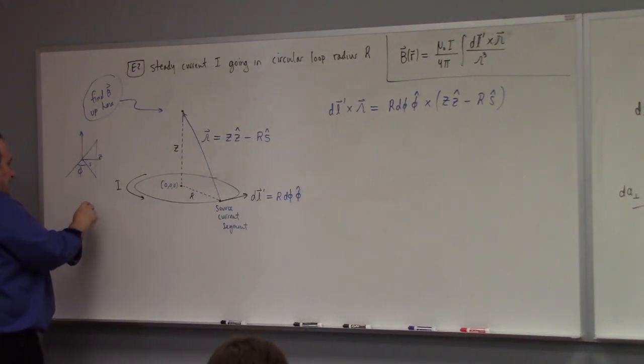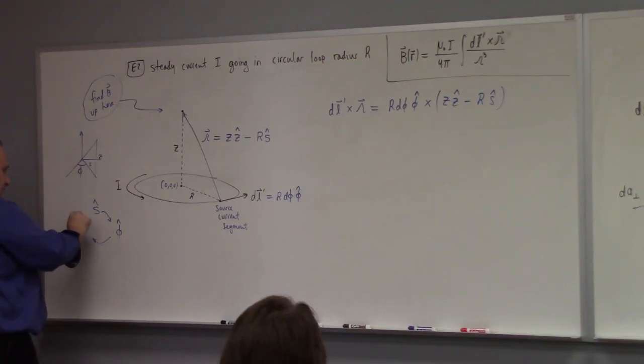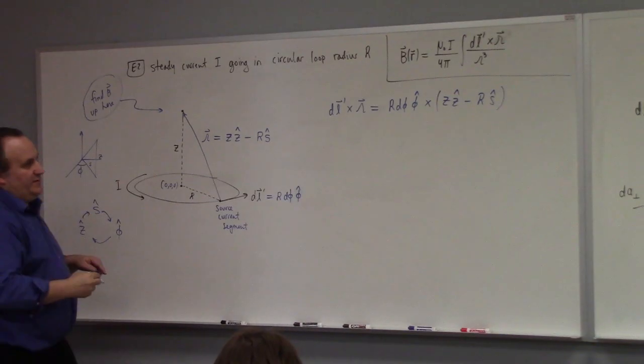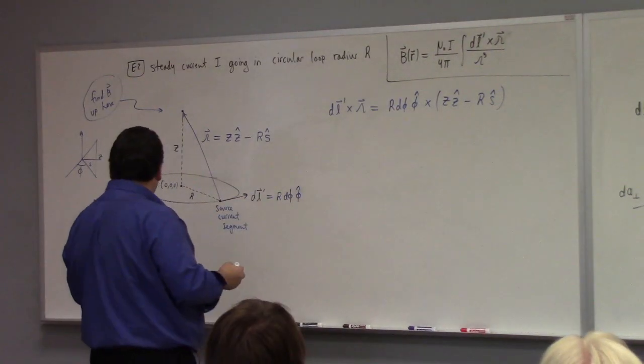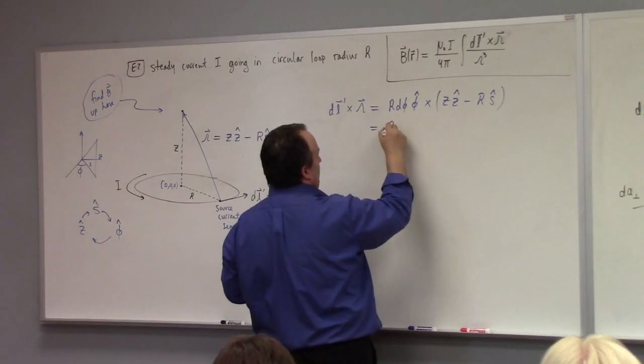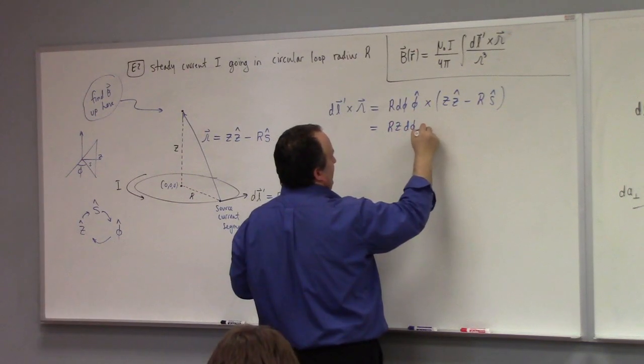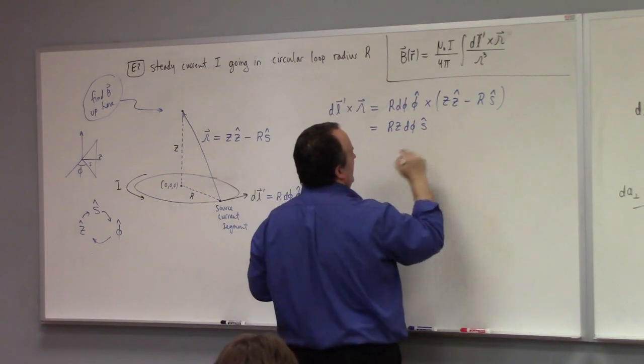There is a circle of remembrance: s hat, phi hat, z hat. That's the order of the coordinates, like so. And from this I remember that phi hat cross z hat is s hat. So I get myself an r z d phi s hat from the phi cross z.